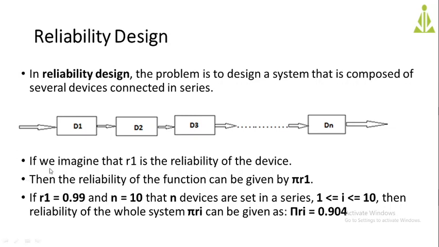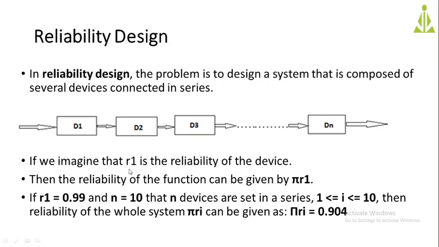Imagine that R1 is the reliability of the device. What is the reliability of a device? How much percentage reliability does the device have? The reliability function can be given by product of r1.